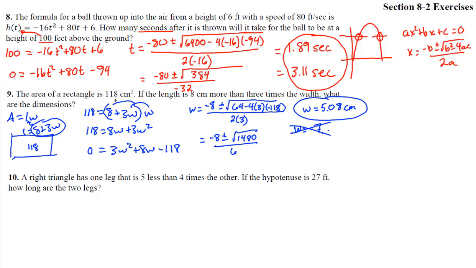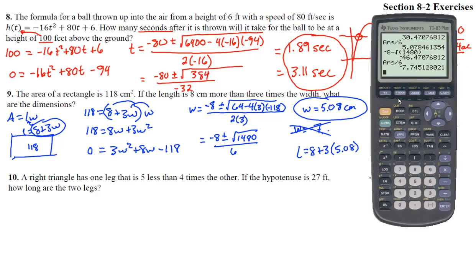And that would mean, let's go back and find the length here. Length is 8 plus 3 times whatever that W is, 5.08. So let's go ahead and stick that in the calculator. 8 plus 3 times, let's put more decimals in there so we don't get any rounding error, 5.07846.